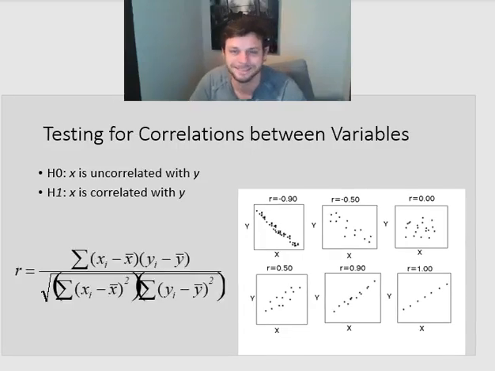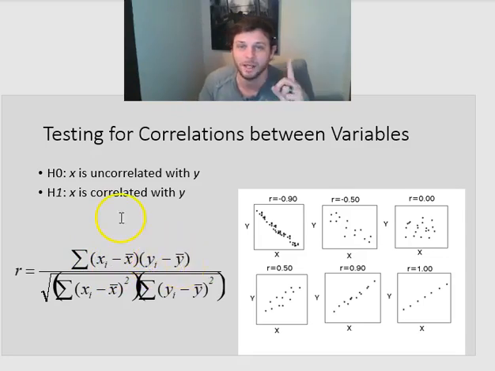And so, here's our lovely formula. Again, you will not need to memorize this formula, but you will need to know how to use it. To calculate this r value, to figure out if we have a correlation or not, you're going to take the difference between your sample and its mean for the x, times the difference between the sample and the mean for the y.